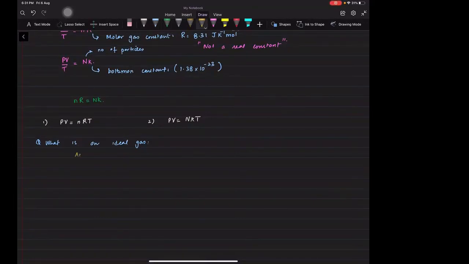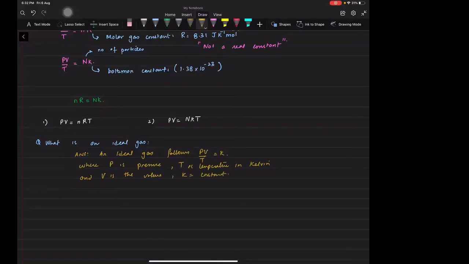So आंसर है इसका: an ideal gas follows, कोई भी इक्वेशन लिख दो, या लिख दो PV over T equals K, where now you have to explain that P is pressure, T is temperature, and this temperature is fixed temperature in kelvins only, do not put in Celsius, and V is the volume, or K is constant, ठीक है. So basically you guys need to remember this is the answer. ये 2 mark के लिए आएगा.